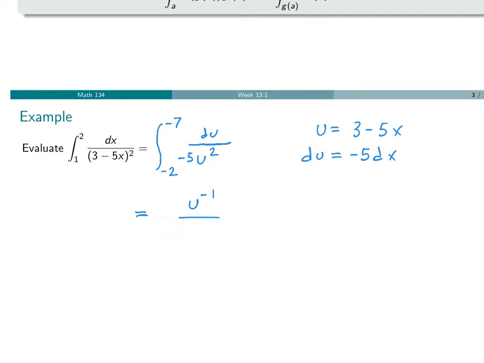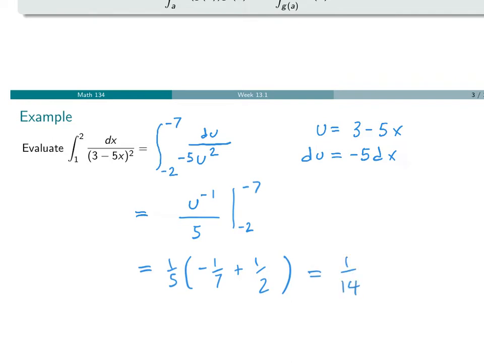Okay, and we want to evaluate this with a lower limit of minus 2 and an upper limit of minus 7. So our result is 1/5, we'll pull that out, and then inside of the brackets we get minus 1/7 plus 1/2, plugging in minus 7 and subtracting, plugging in minus 2.